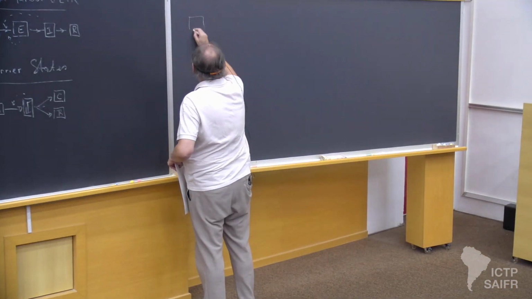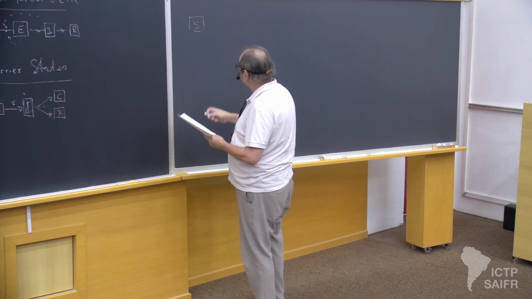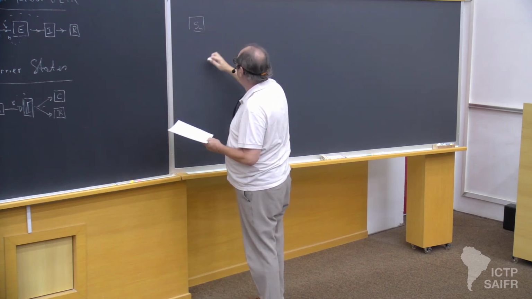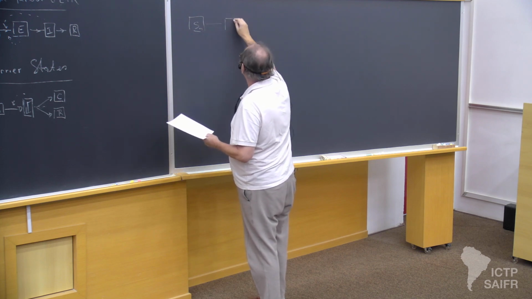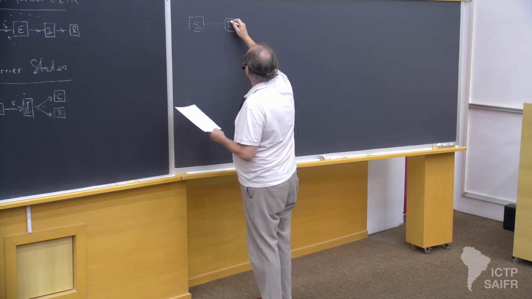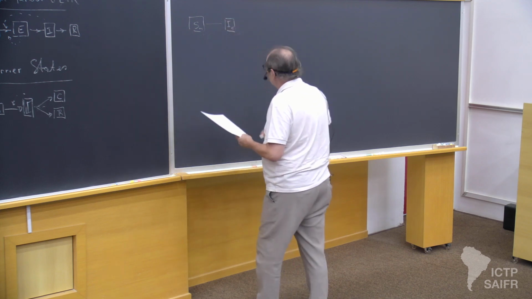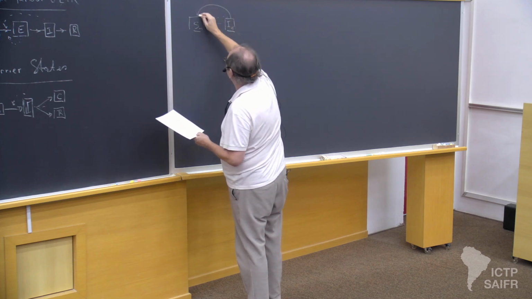Would be an S, say high, that would go to this one, and then you can get here, and you get back, so it's an SIS model.